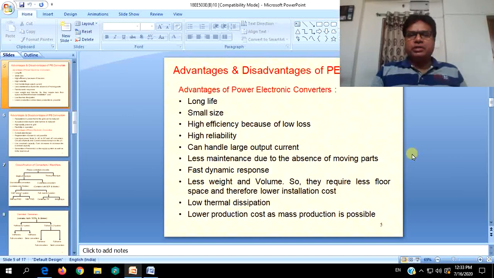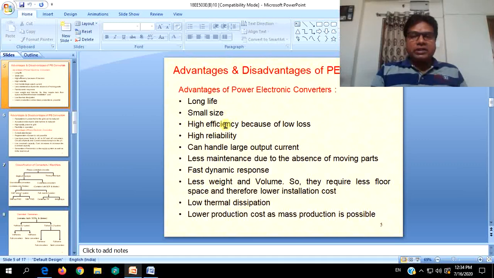When you compare the previously available electrical energy converting equipment, obviously power electronic devices and power electronic converters have very long life, which is obvious. Small size, this is the most important thing. Size, when compared to a normal electrical machine, will be reduced in thousands fold or at least hundreds fold.